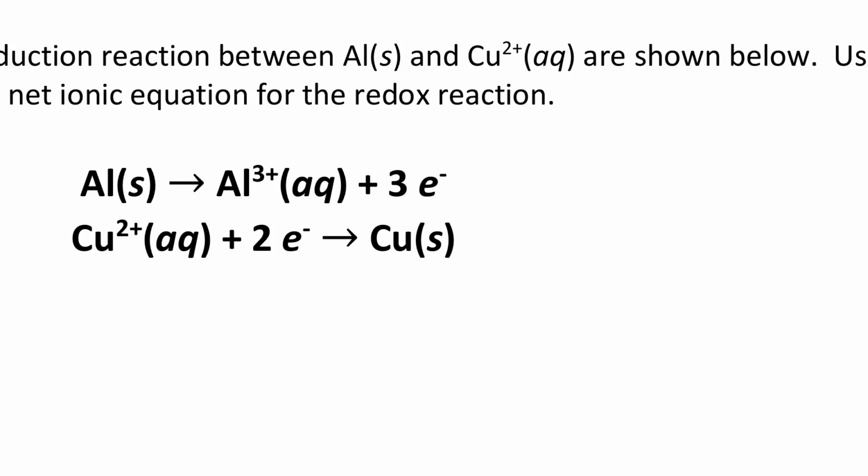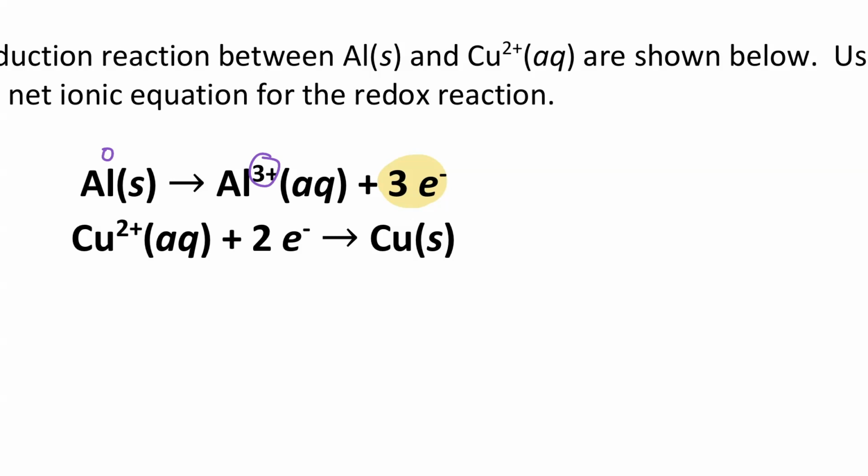Oxidation. You're looking for where the electrons are as well as what's happening with the oxidation number. My first cue is that the electrons are on the product side, which means they're lost, so this has to be oxidation. My other clue is I started with aluminum in its elemental form, so that's an oxidation number of 0, and then it goes to aluminum +3.